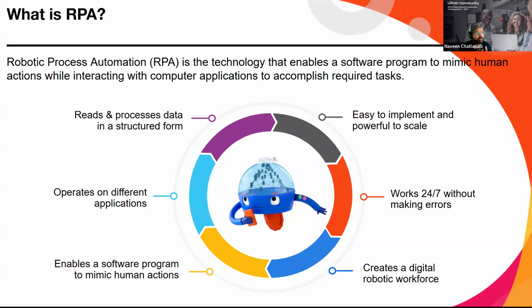So robotic process automation is the key term coined in 2018 or 2016 time. It is nothing but a software program to mimic a human action while interacting with computer applications. Okay. Any software program that is created to mimic the human tasks is called robotic process automation.